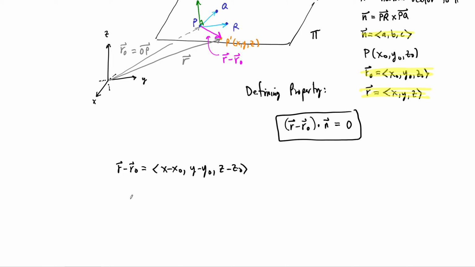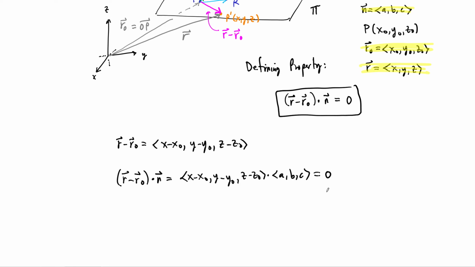And then we need to dot this with n. So r minus r naught dotted with n is going to be this vector, x minus x naught, y minus y naught, z minus z naught, dotted with a, b, c. This should equal 0.